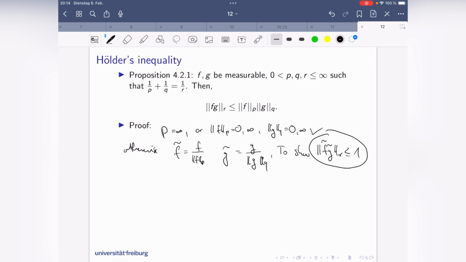Then there's one inequality which deals with the convexity of the exponential function. So recall what convexity means, and let's just use here the exponential function.